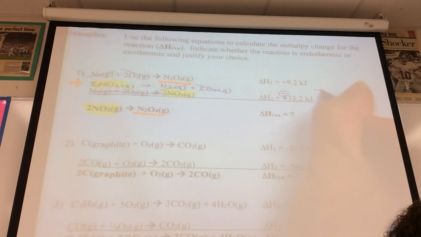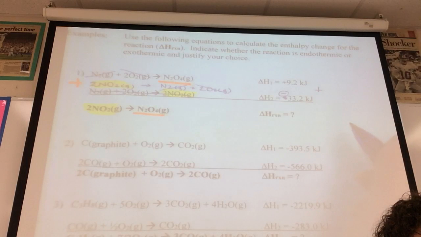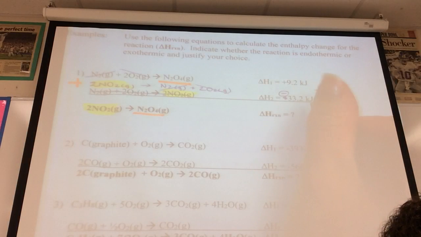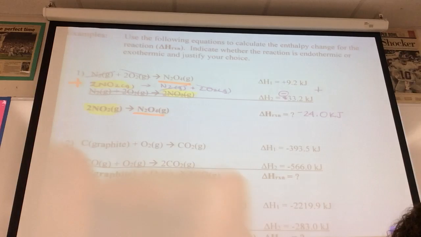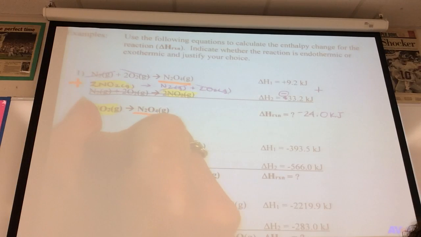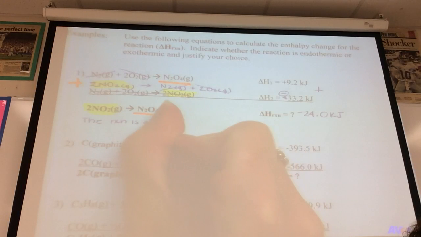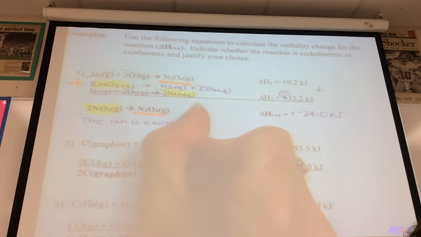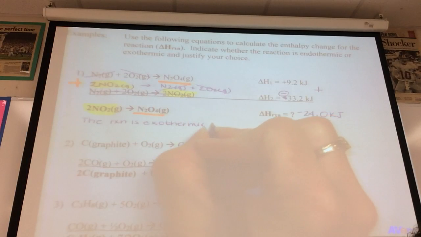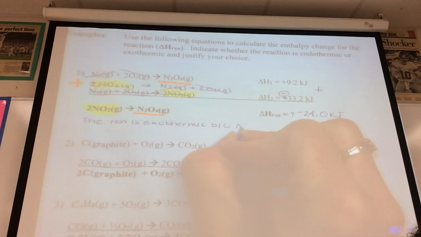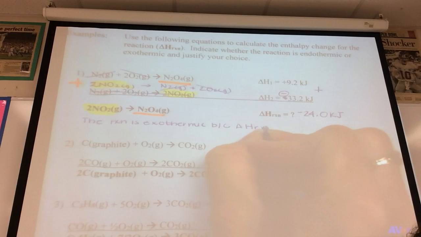Hess's law says that I can sum their delta H's, and when I do so, I get negative 24.0 kilojoules. And so the reaction is exothermic because delta H of the reaction is negative.